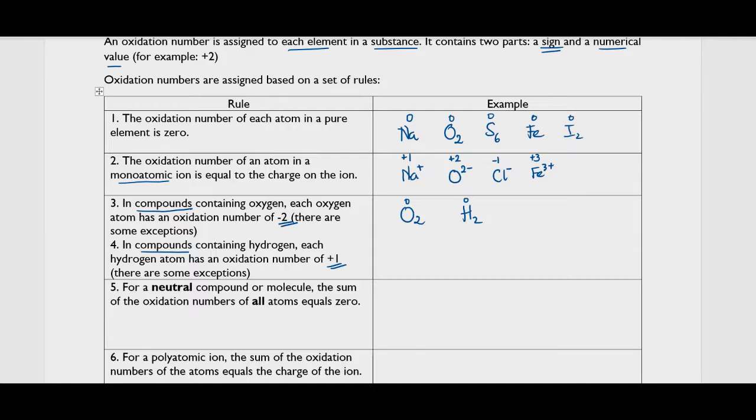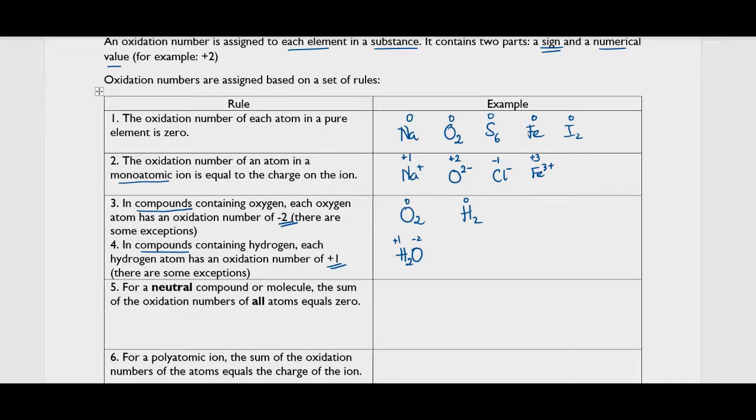But if I have a compound, which means a substance that contains multiple elements with oxygen and hydrogen being 2 of them, then oxygen tends to have the oxidation number of negative 2 and hydrogen has the oxidation number of positive 1. A classic compound that contains hydrogen and oxygen would be water or H2O.